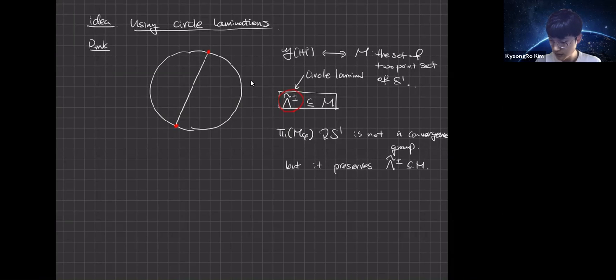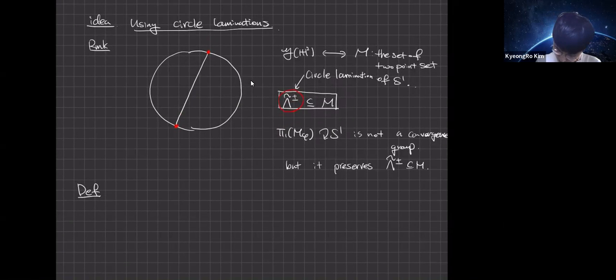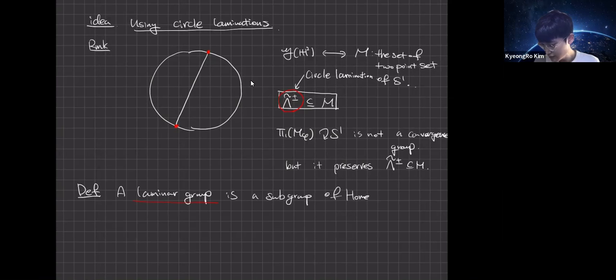So now I'd like to introduce a laminar group. A laminar group is a subgroup of Homeo^+(S^1) preserving a circle lamination.